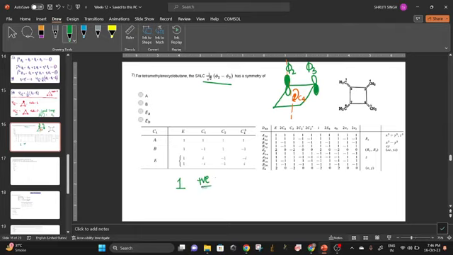Now when we apply C2, what will happen? From here, it is 180 degrees, so it will change. From here to here, phi 3 will come. So both of them will change place like this, phi 3 will be here, phi 2 will be here. And also there will be a change of sign.